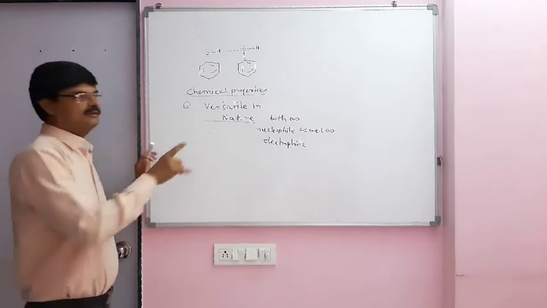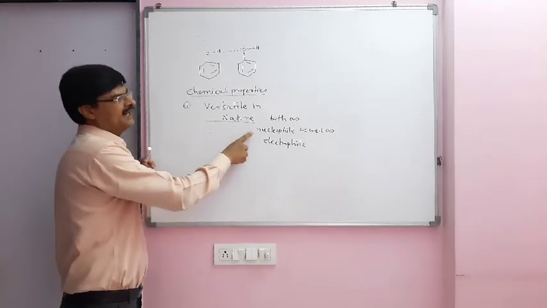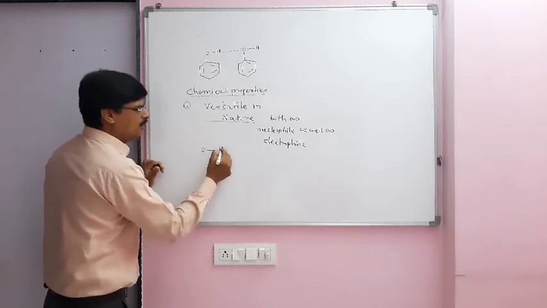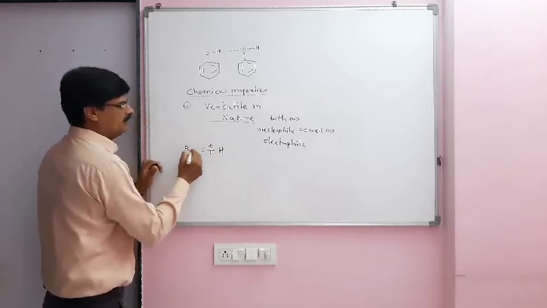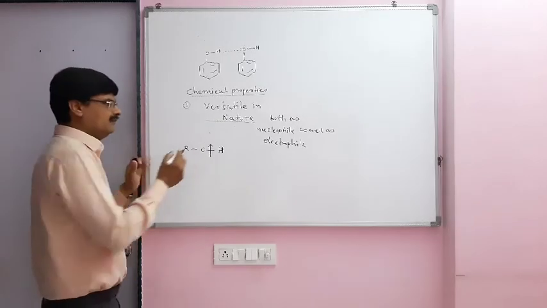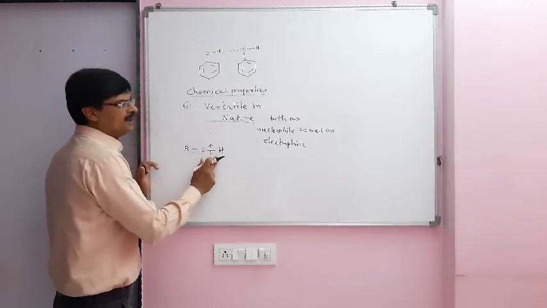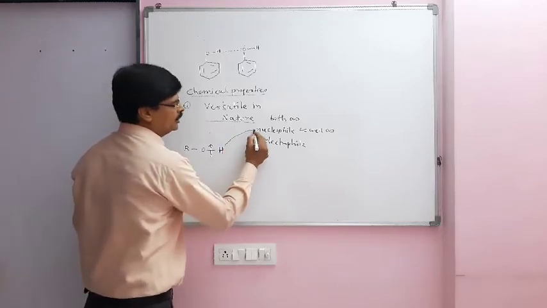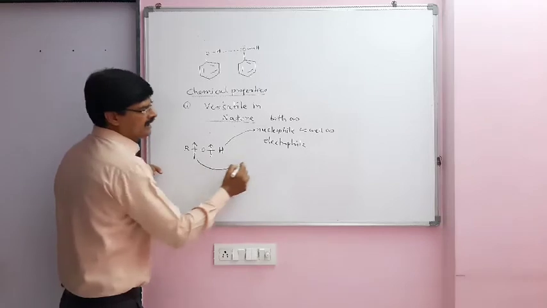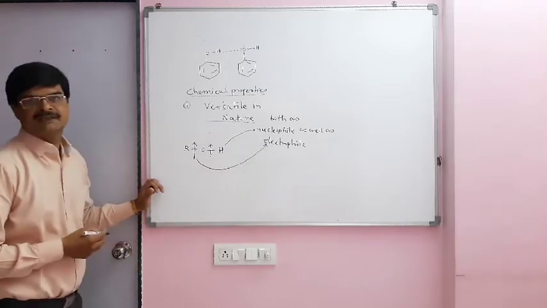When alcohol is behaving as a nucleophile, there is breaking of the OH bond, that is cleavage of the OH bond. We have ROH structure for alcohol. When the OH bond is broken, it works as a nucleophile. And when there is a cleavage of the RO bond, then it works as an electrophile.